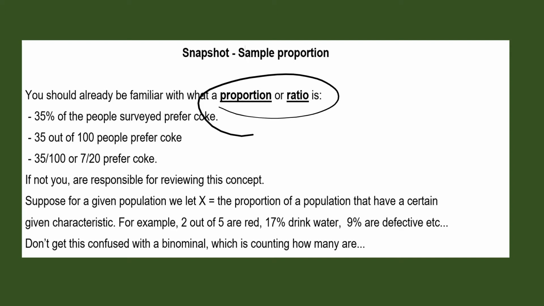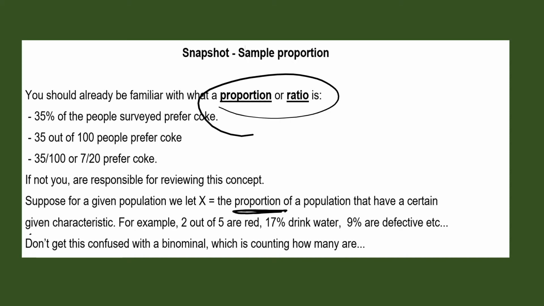And we will basically be working with the decimal version, right? 0.35 would be what we'd be working with if we were actually looking at this particular topic, preferring Coke.